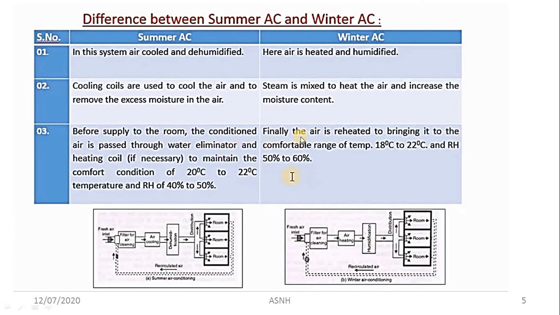In case of the winter air conditioning system, finally the air is reheated to bring it to the comfortable temperature range of 18 to 22 degrees centigrade, and we must maintain a higher relative humidity, in the range of 50% to 60%.